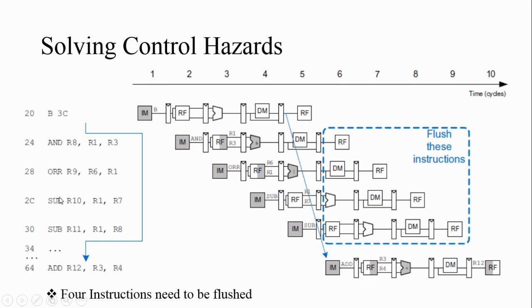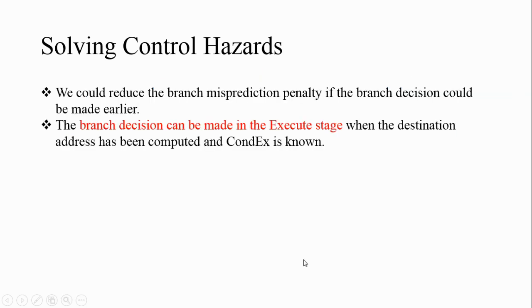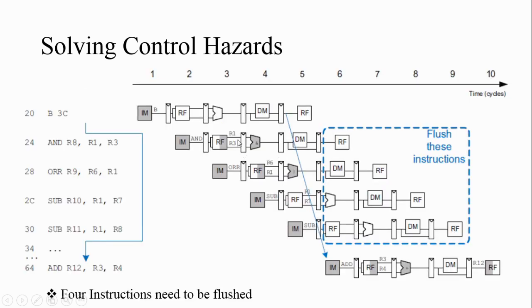So when you are moving from here to here, you have made a mistake in trying to execute 4 instructions, then you will be getting a penalty known as misprediction penalty. So here my misprediction penalty is that I need to flush 4 instructions.